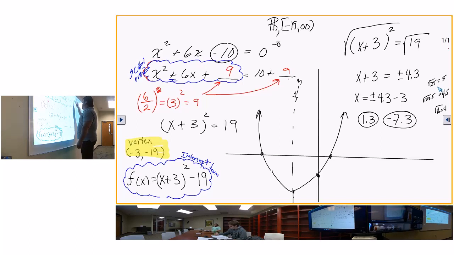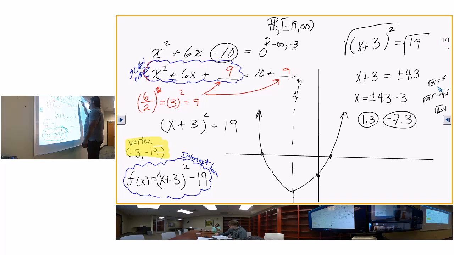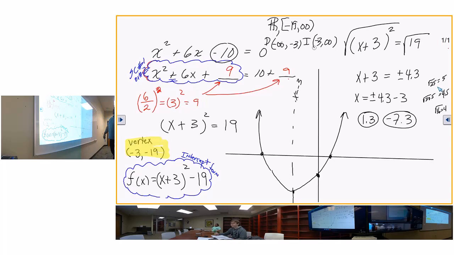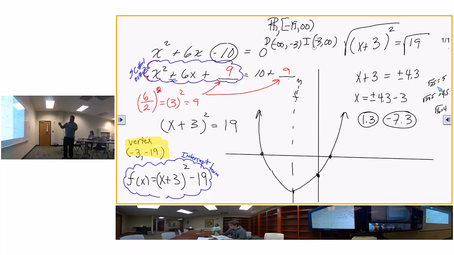Decreasing from -infinity to -3. Increasing from -3 to what? Infinity. Now, if you can do all that with the problems that we did, this is the third problem we've done, you've got number 1 and number 2 nailed down. Now let's bump up to number 3.